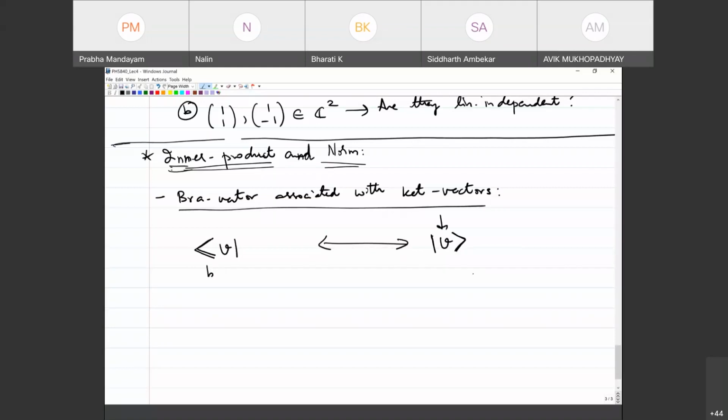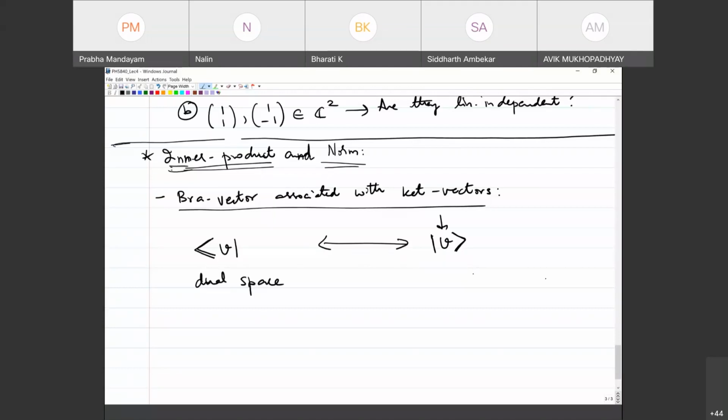Formally in vector spaces, this idea is called associating a dual space with the vector space, the so-called primal vector space.